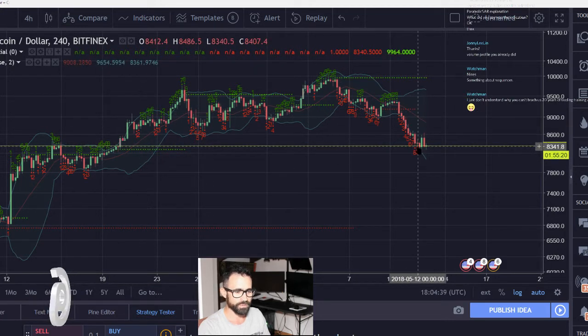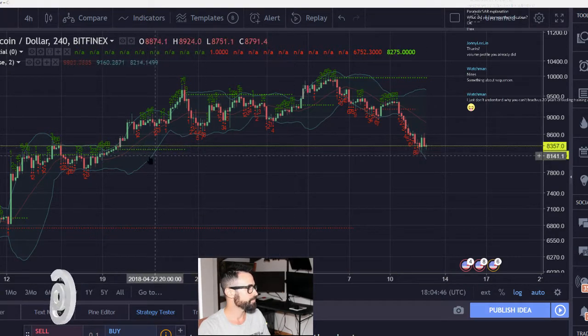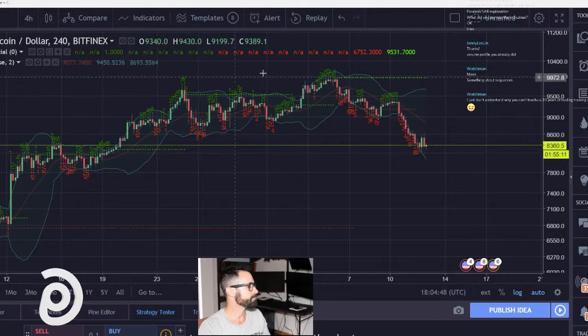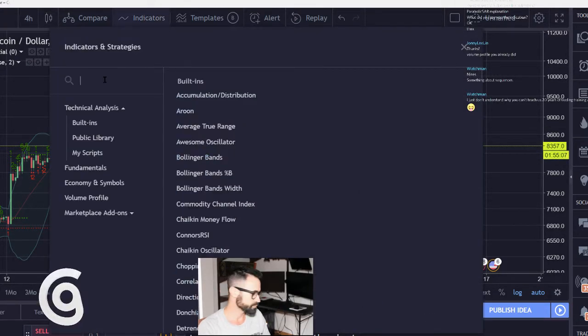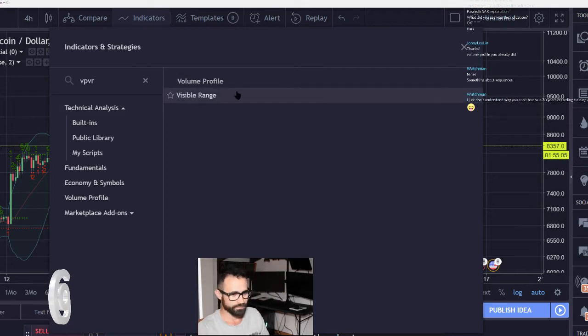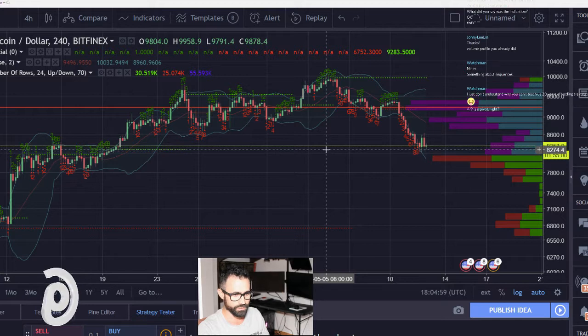We're at the bottom of the band. We're still above that pivot. You see that pivot? And it's right above that volume bar.